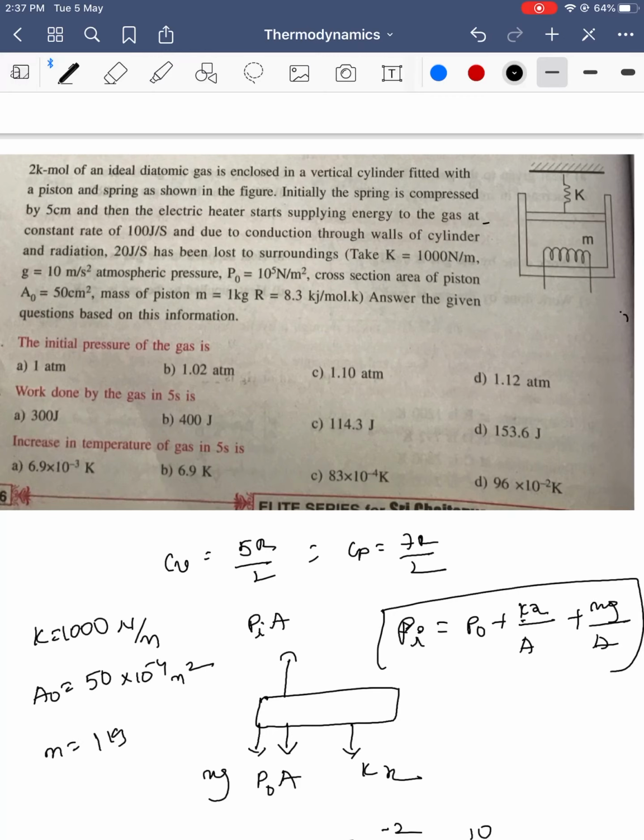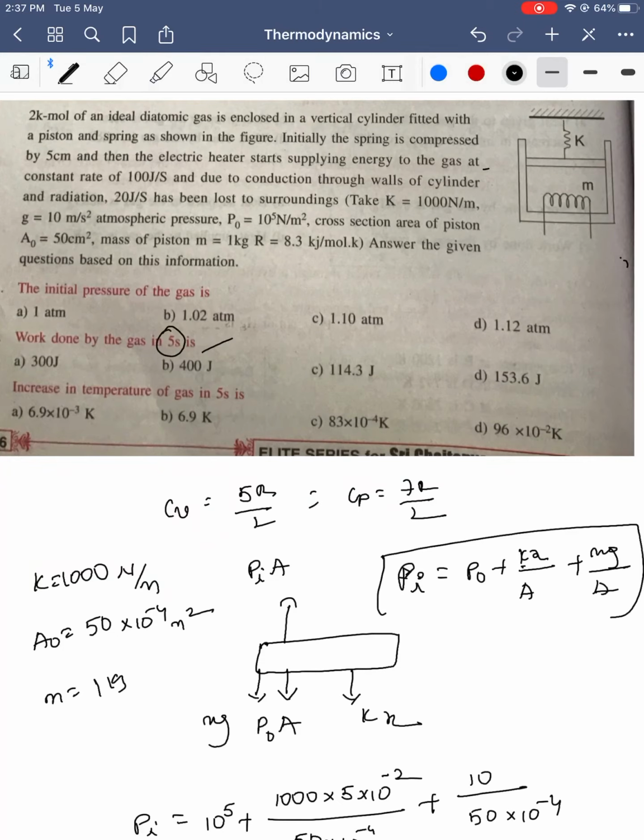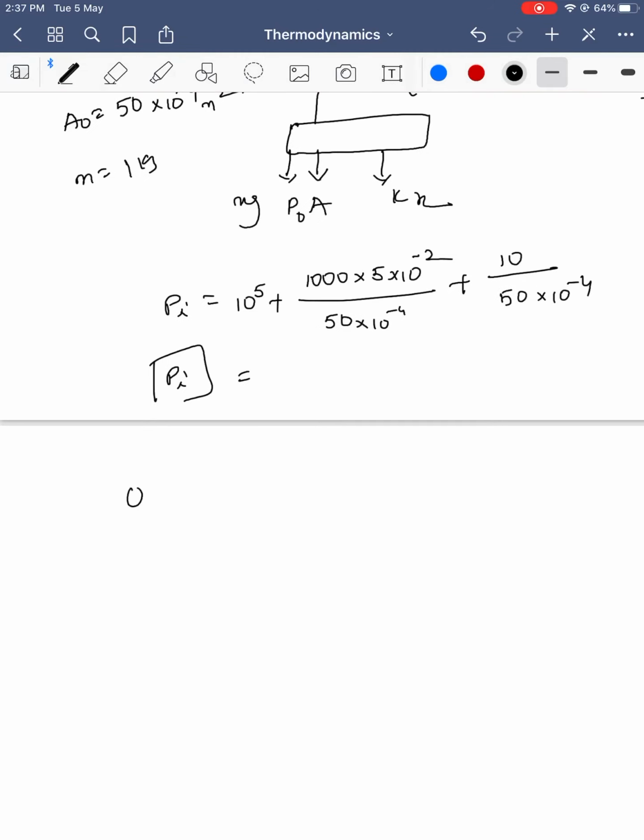What he is asking is the work done by the gas in 5 seconds. For that, 5 seconds time is given. How to do it? How much energy is used? 80 joules per second. How much heat is added? 5 into 80, 400 joules of heat is added to the system.